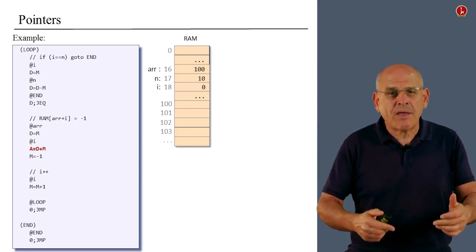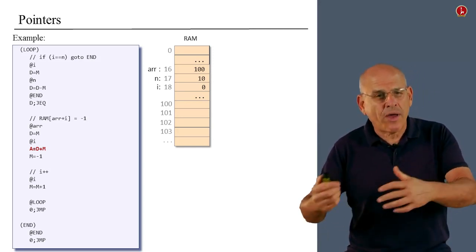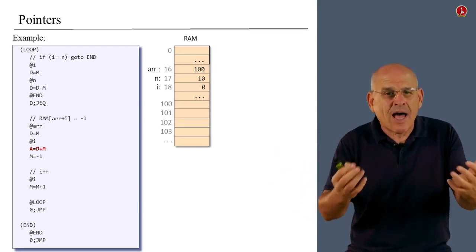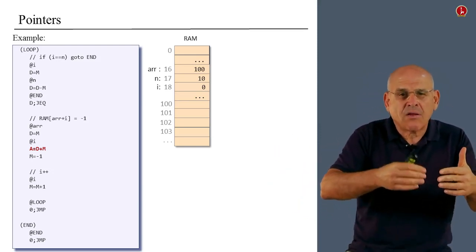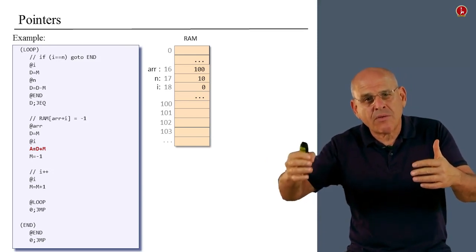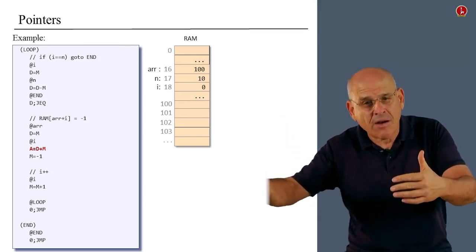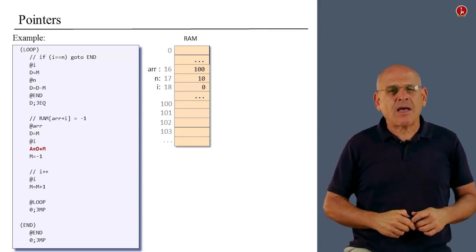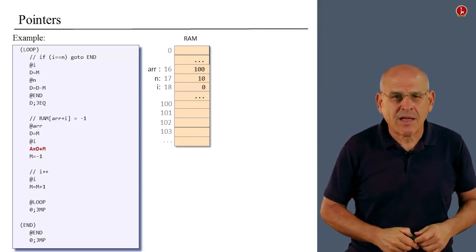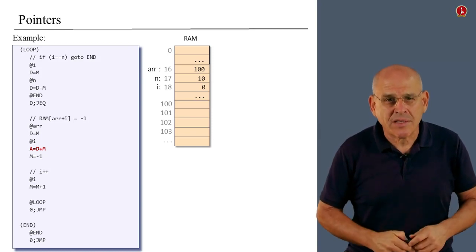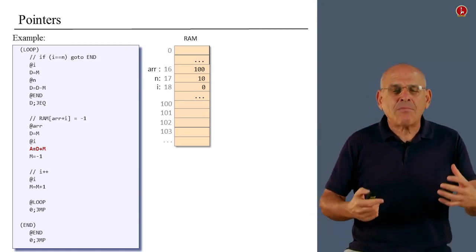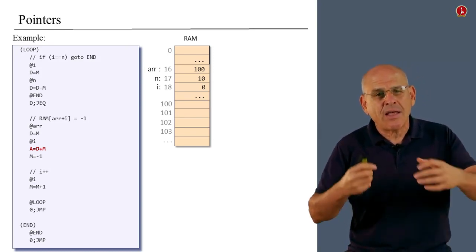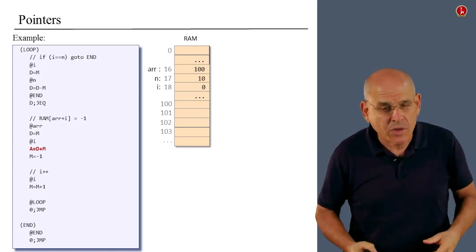So what used to be if I equals n, go to END, which is the end of the processing. I begins with 0, it goes through 1, 2, 3. When it gets to 10 in our example, we want to jump to END. So we have 6 Hack instructions that actually perform this semantics. And then we come to the heart of this loop in which we actually assign the number -1, which is meaningless, by the way.